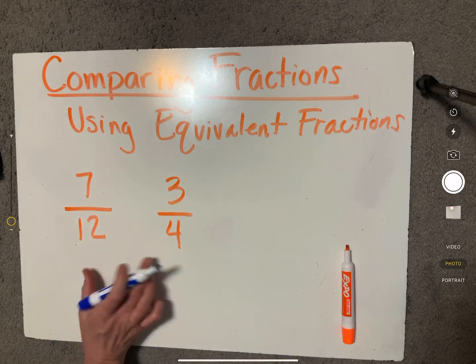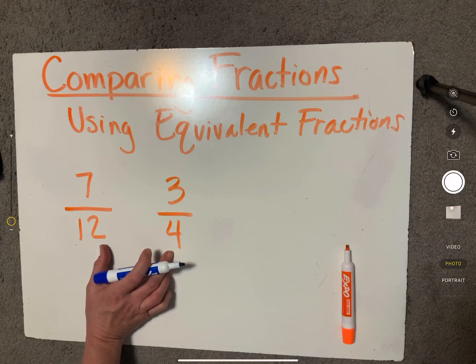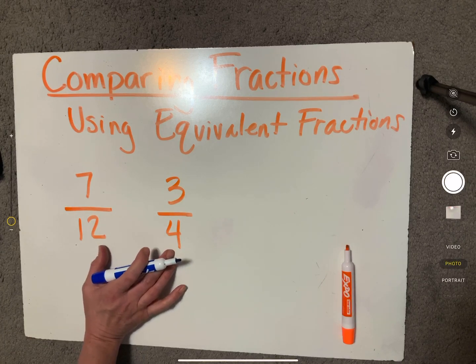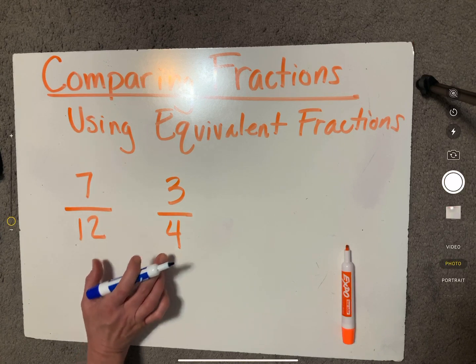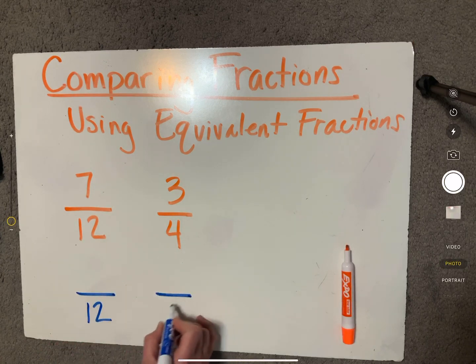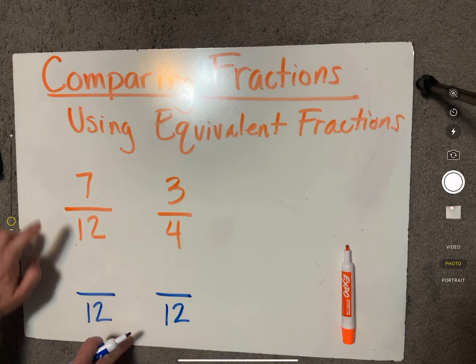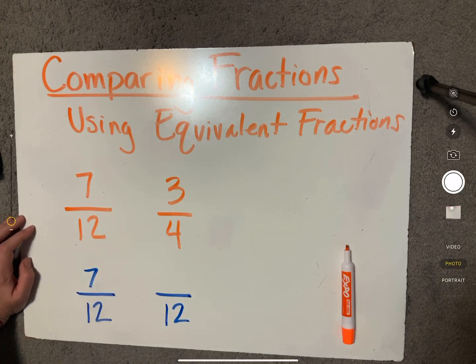So for 7/12 and 3/4, I know that 12 and 4 are related to each other because 4 times 3 is 12. So I could make an equivalent fraction with a denominator of 12. This one would stay the same, 7/12.